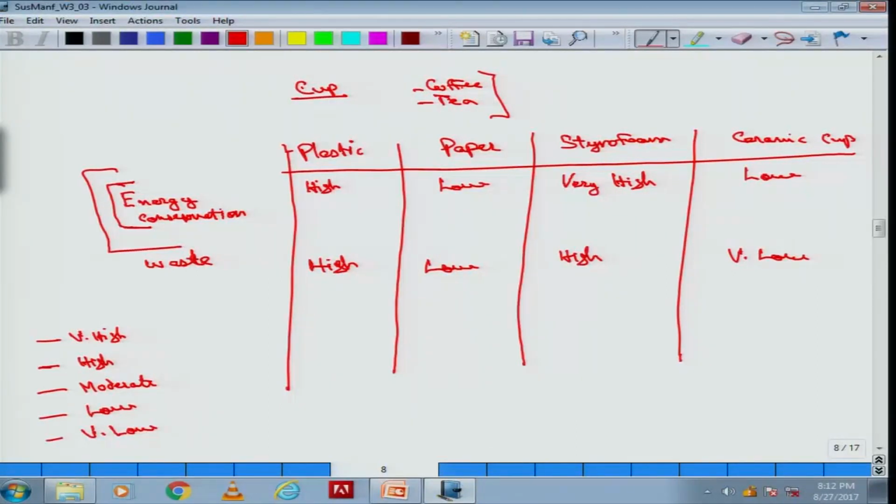And if I say recyclability, what do you think? Recyclability of plastic is high, and for ceramic it is maybe moderate.